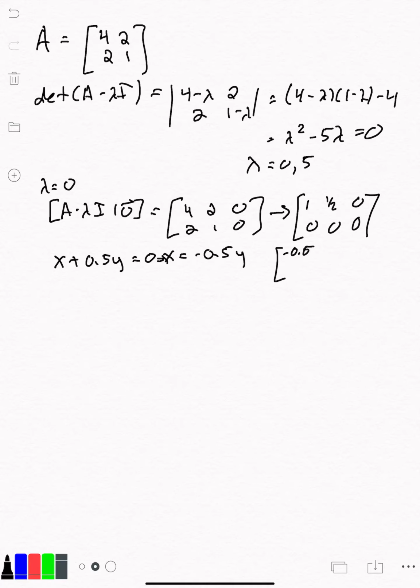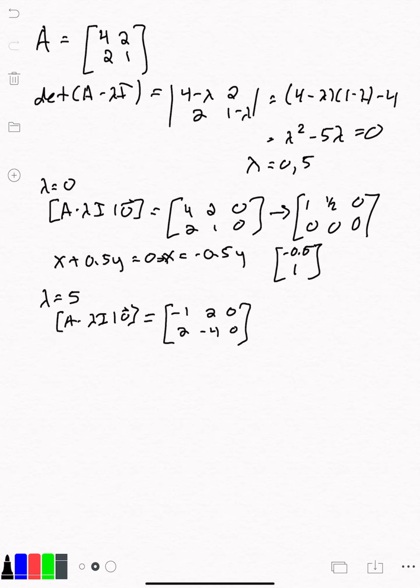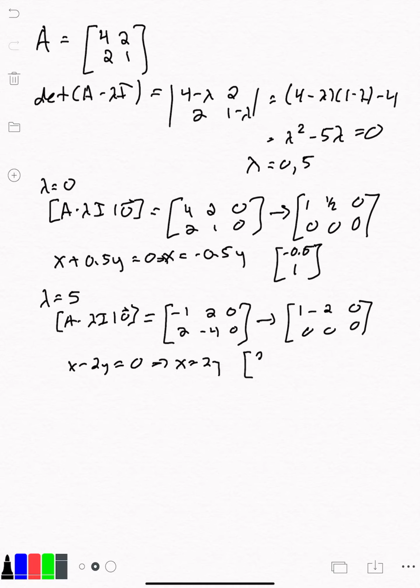This right here is my eigenvector for 0. For lambda is 5, we would have negative 1, 2, 0, 2, negative 4, 0. Again, RREF that. We get x minus 2y is 0, so x is 2y. So we get 2, 1.